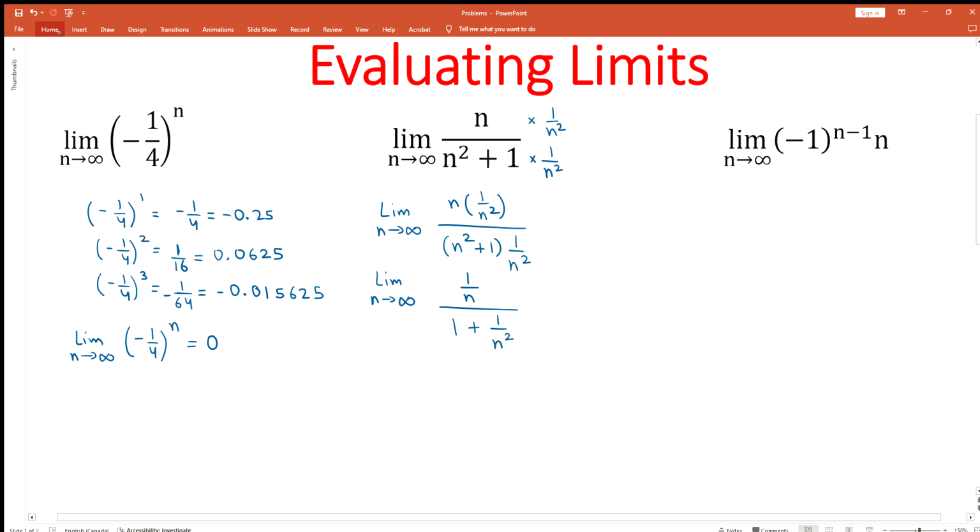Next, we can use the algebraic laws of limits to apply limit to each term in this expression.